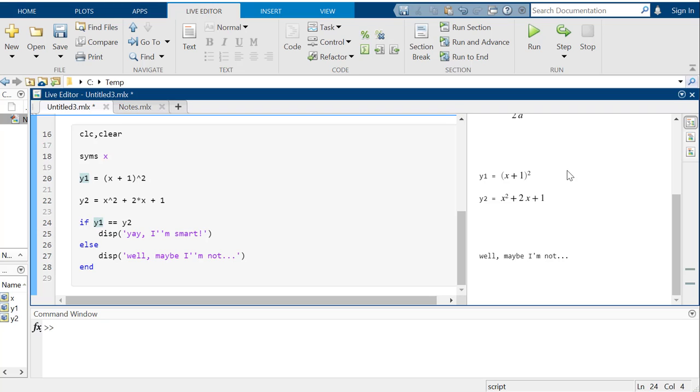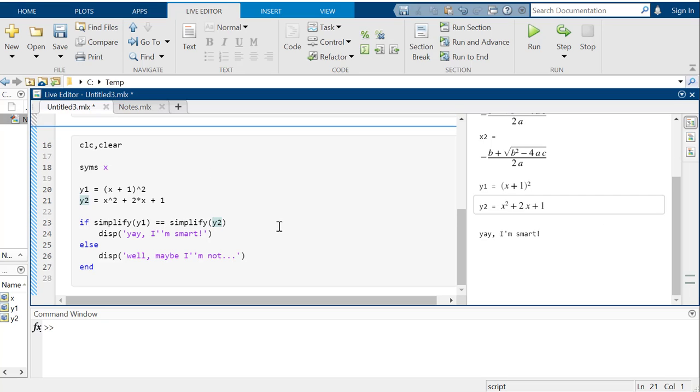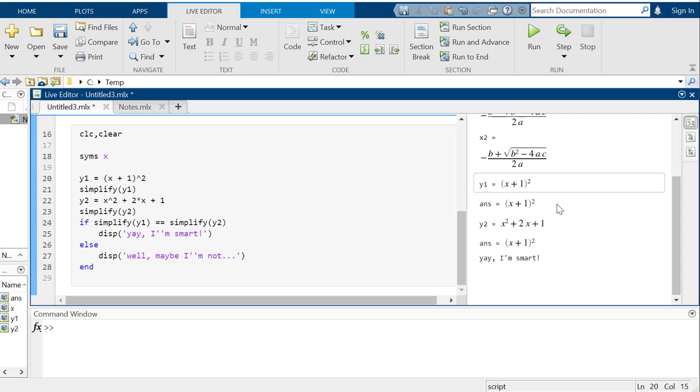So the way that you can get around this, I believe, is if you simplify both sides and then you run it, then it's like, oh, okay. So essentially just kind of introducing you to the concept of simplify. So if I simplify y1 and I simplify y2, you can see that whenever it's simplified, it actually contracts or factors the expression.